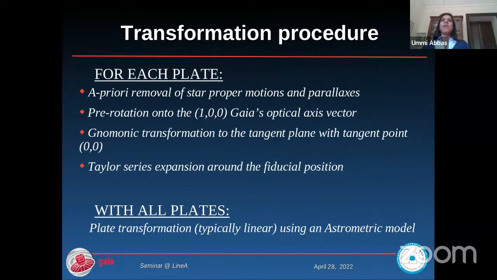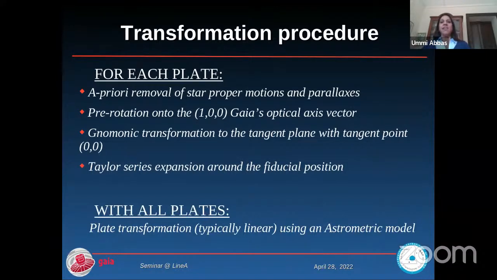Once we put together all these frames, we have to take into account the stars' proper motions and parallaxes, so we remove them a priori. Then we also have to account for the pre-rotation onto the Gaia optical axis vector. We also take into account the gnomonic transformation. This allows us to come into a tangent plane.